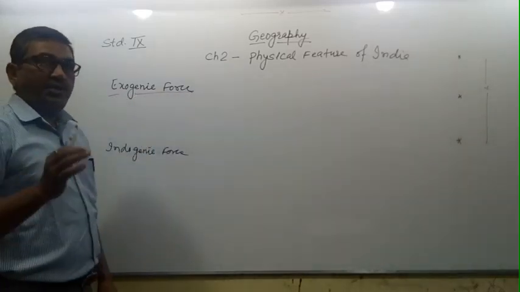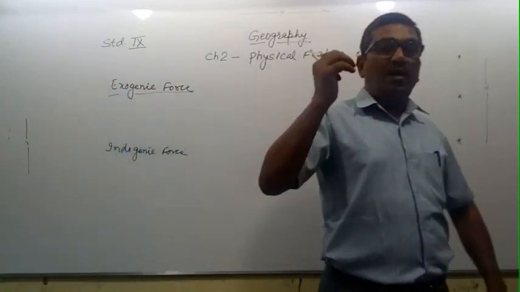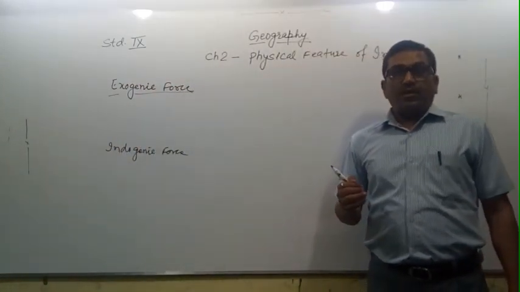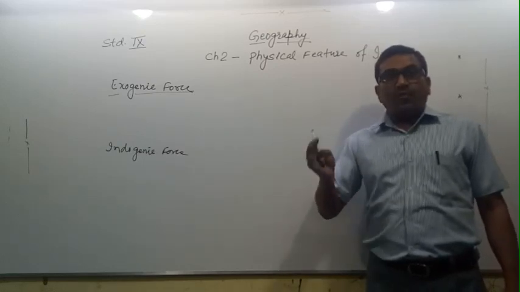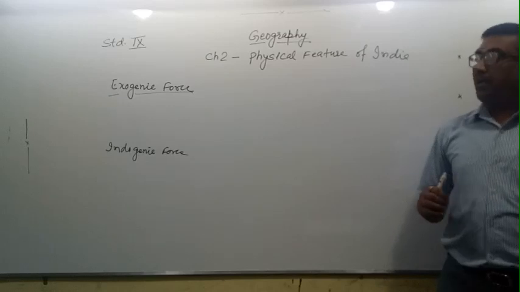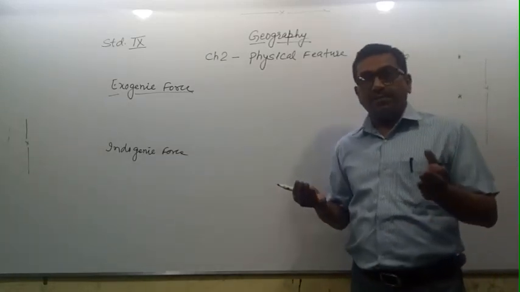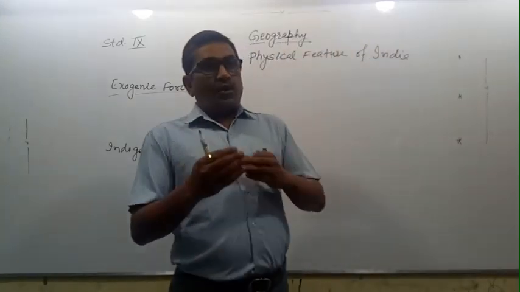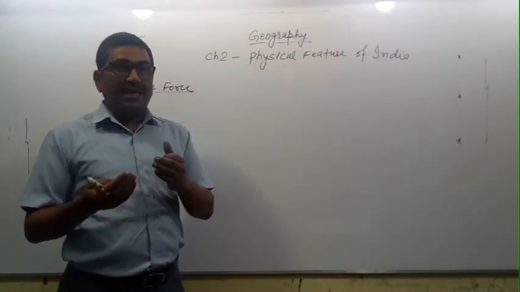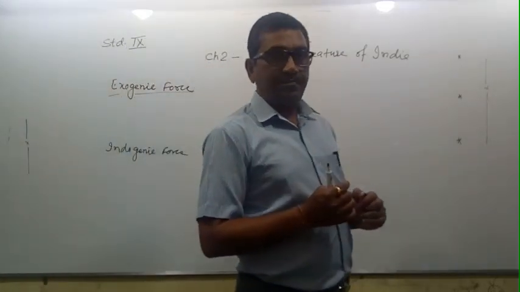Exogenic force is the force that acts on the surface of the earth. The features made by the force that is acting on the surface of the earth, it is called exogenic force. क्या हो सकता है? You might have read in class 7, just I am recalling it to you.